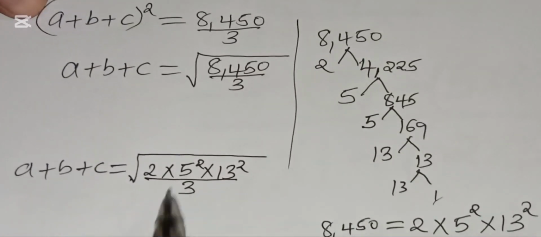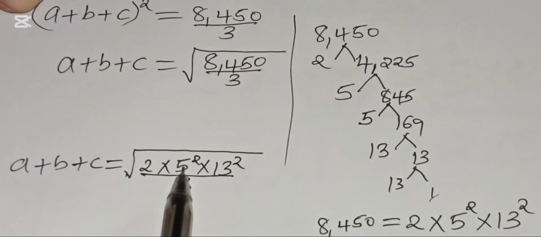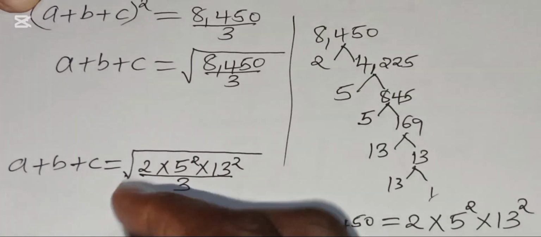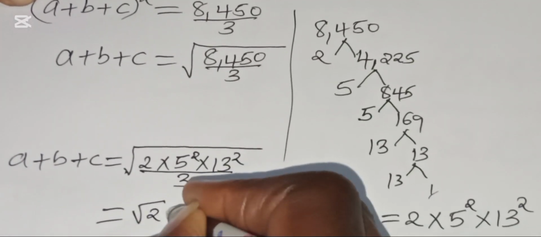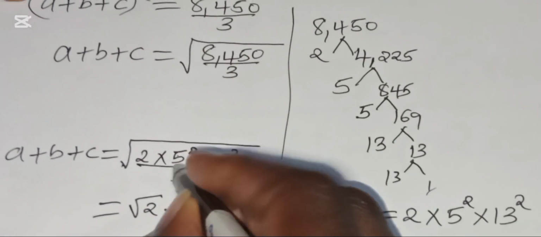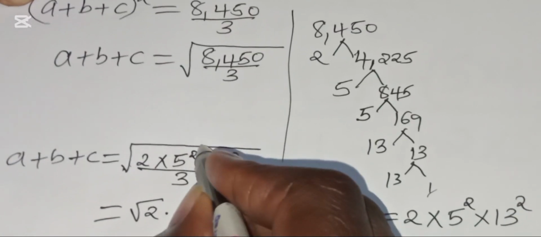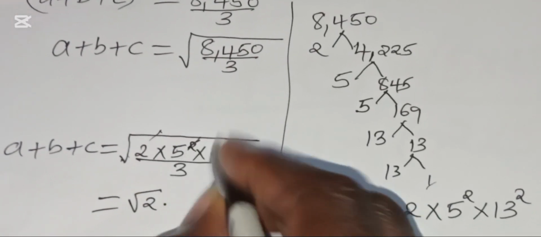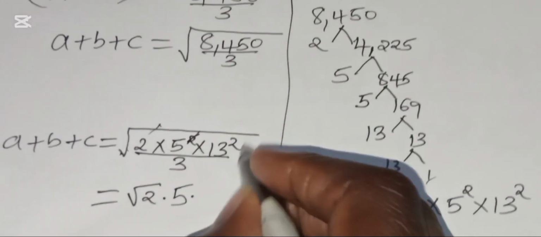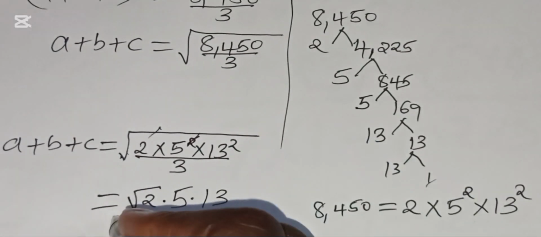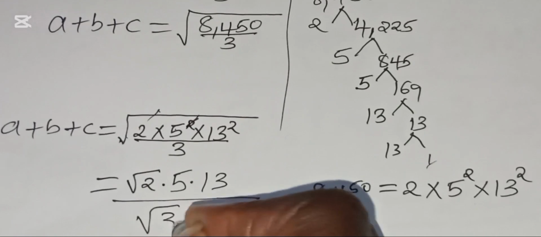In this case we can get the square root of 5 squared. So you'll have the square root of 2, multiplying by, now the square root of 5 squared, the 2 and the square root sign simplify, so you have 5 multiplying by 13, divided by square root of 3.